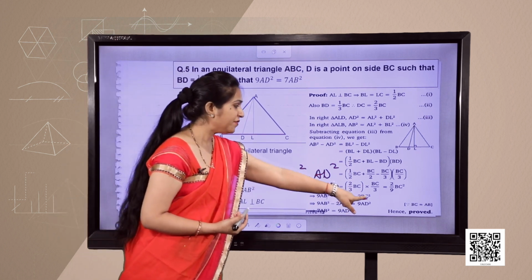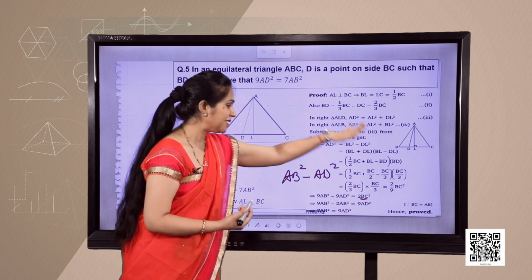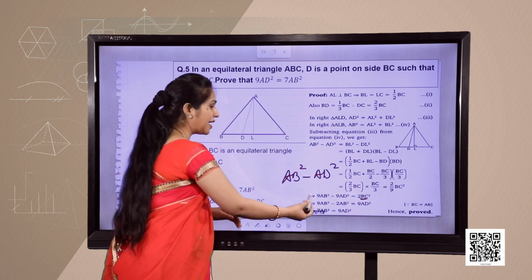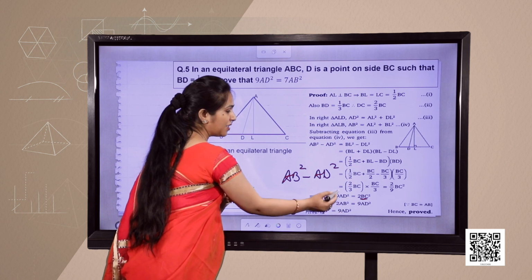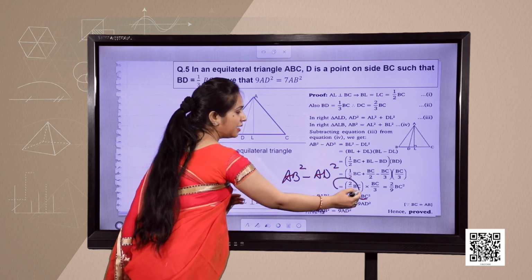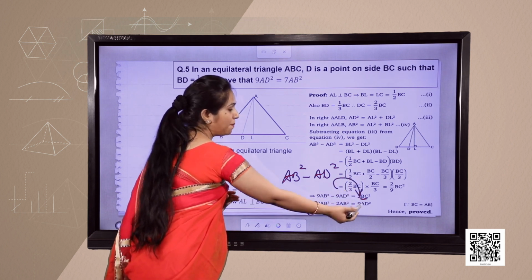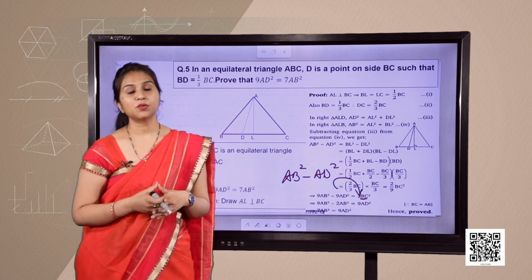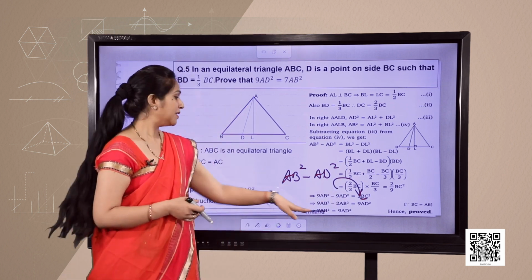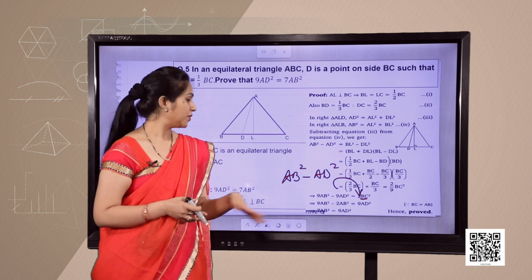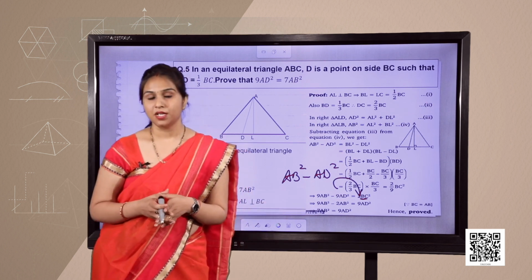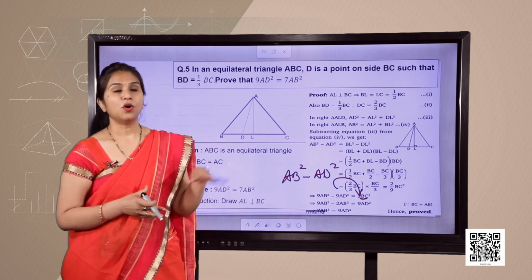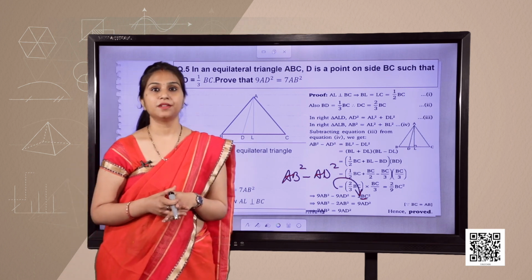So this BC we will replace by AB, shift this from this side to this side, you have 9 AB square minus 2 AB square, and when you are shifting this 9 AD square, this negative becomes positive. So 9 AB square minus 2 AB square gives you 7 AB square, and that is equals to 9 AD square. So children, we have covered all the examples of Pythagoras theorem.